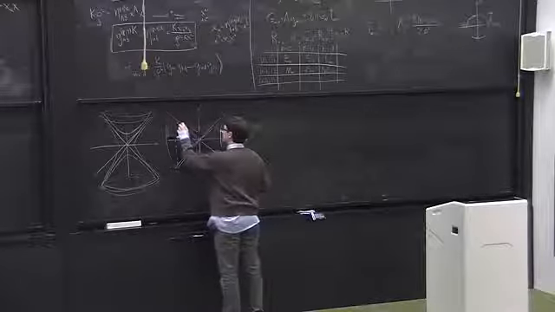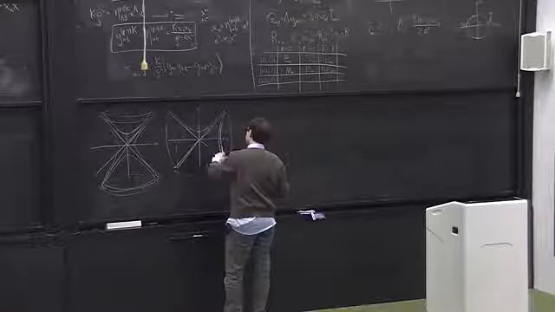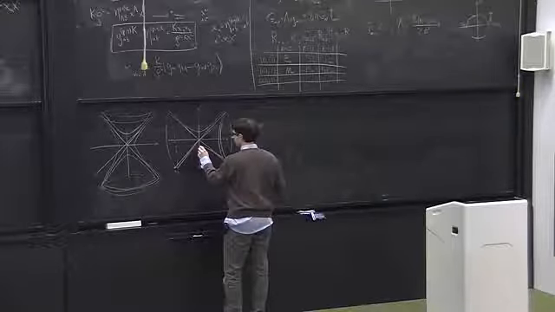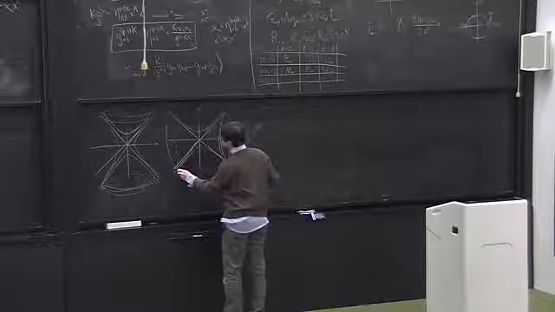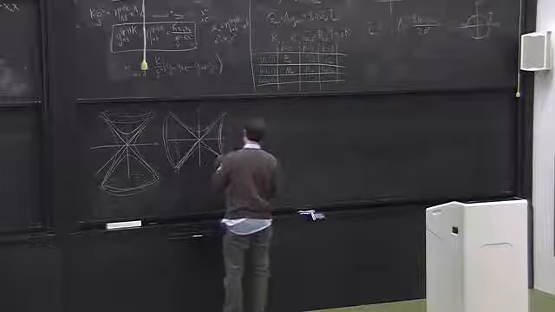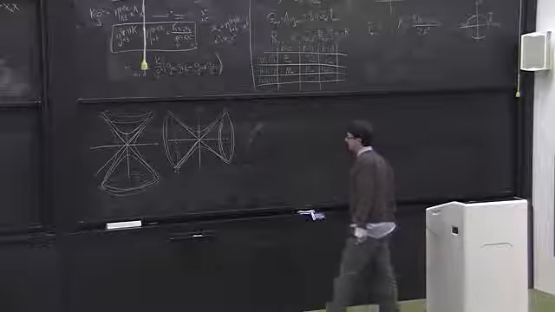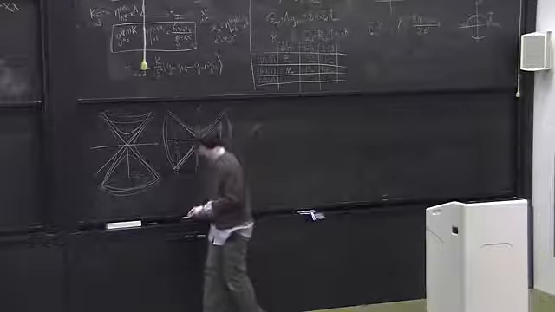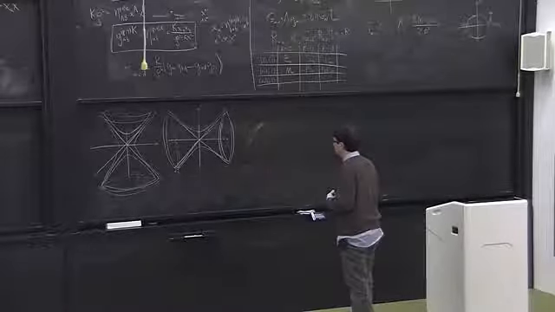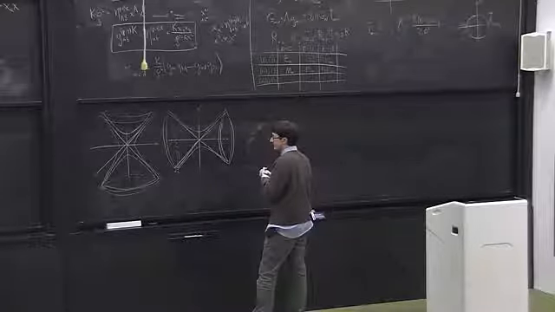Again, it asymptotes to the light cone from the outside. Okay, that's all I wanted to say about the maximally symmetric spaces.